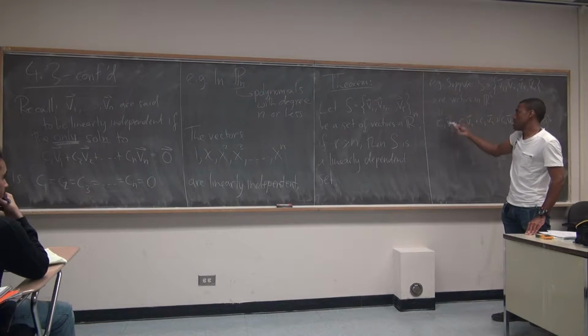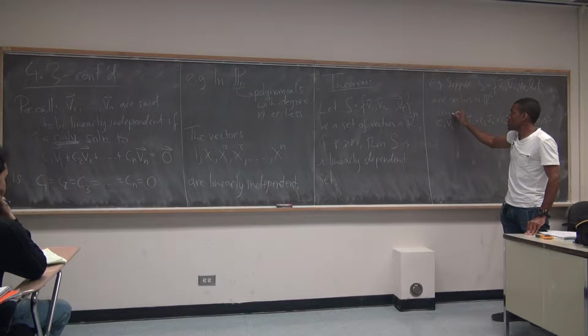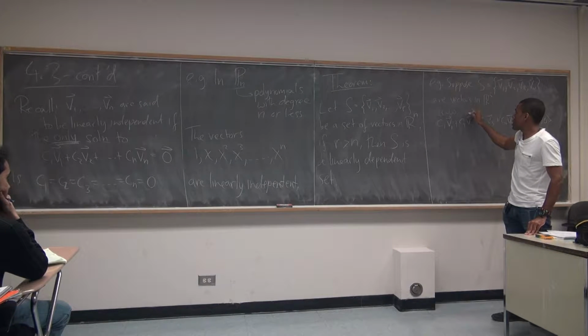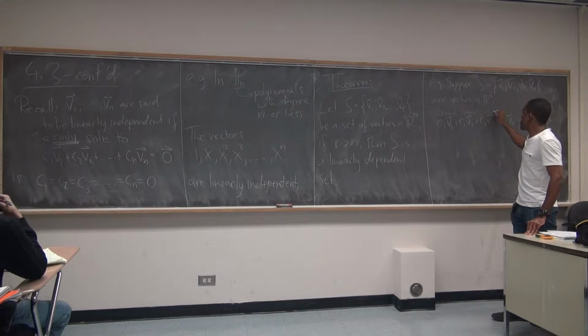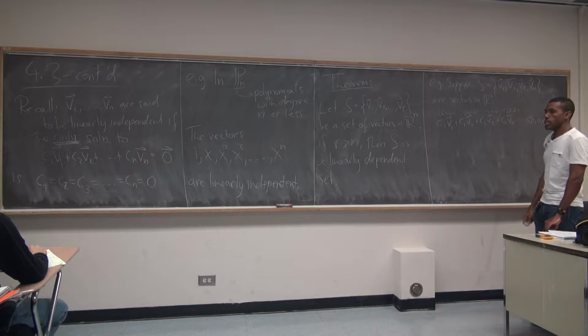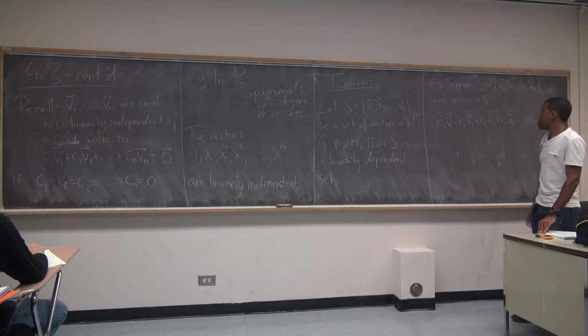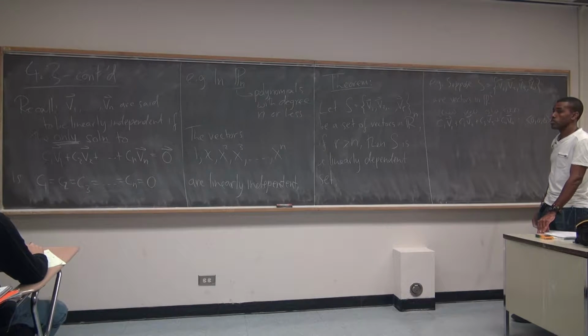How about thinking of this? Let's say you think of V1 as the vector ABC. This is the vector DEF. This is the vector GHI, JKL. So what would actually happen here? Actually, you can span with the first 3 vectors. Probably you can span all of R3.